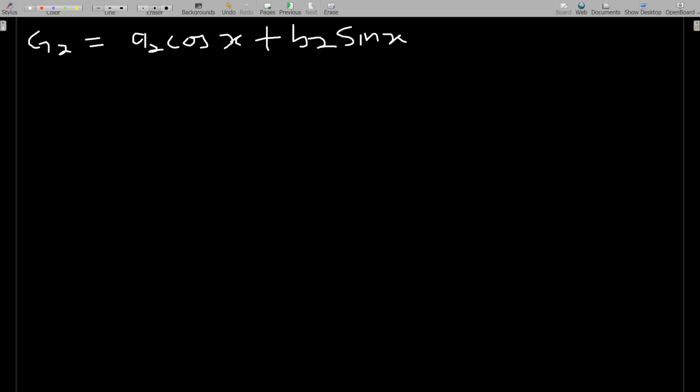And g1 is also equal to a1 cos x plus b1 sin x.